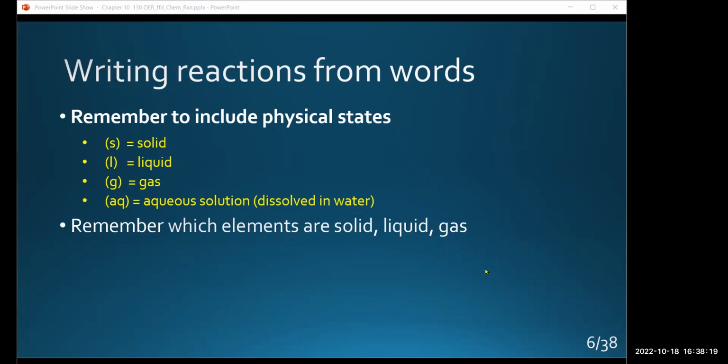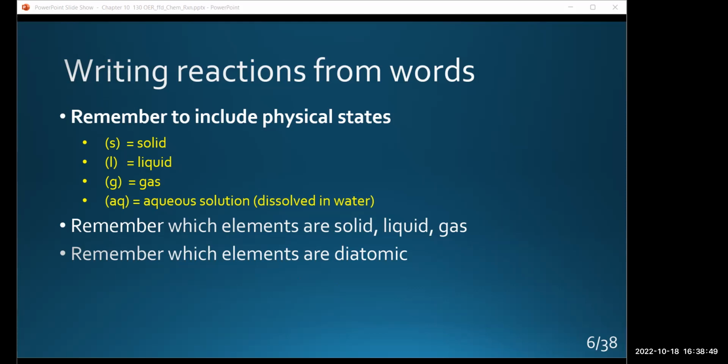Recall which elements are solid, which are liquid. There's only 2 elements that were liquid, and about a dozen or so that were gas, and the rest were solid, okay? Remember, if necessary, well, you don't have to remember. Yeah, but this one you do, diatomic, okay? You remember which ones are diatomic. You might get something like, the hydrogen in the presence of oxygen gives you water, right?